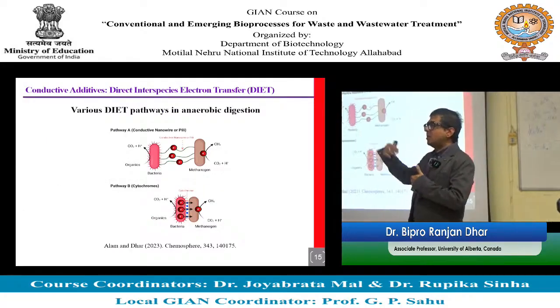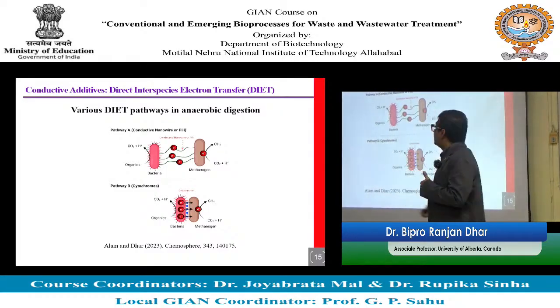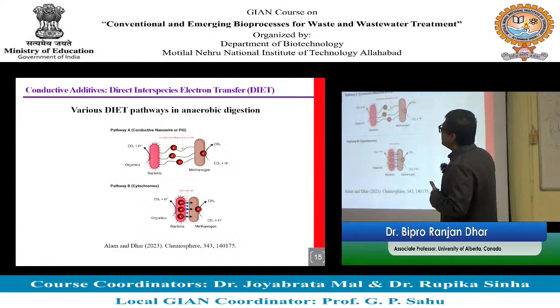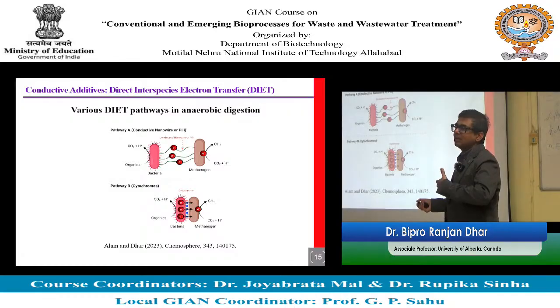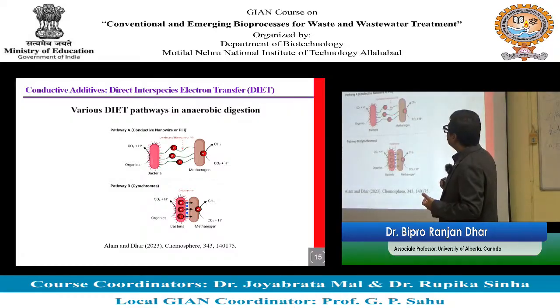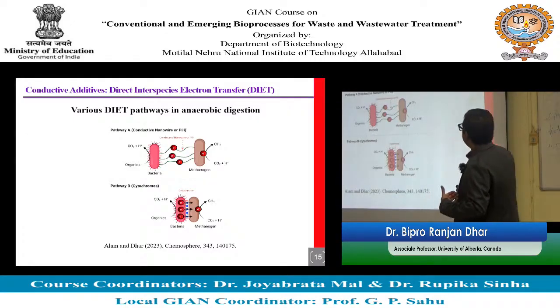Microbes produce conductive nanowires, and then they directly transfer electrons, but instead of an electrode, some methanogens can directly take them. So that's why we call them electrotrophic methanogens. We call heterotrophic microorganisms those that use organic carbon. Here they use electrons directly, so we call them electrotrophic methanogens.